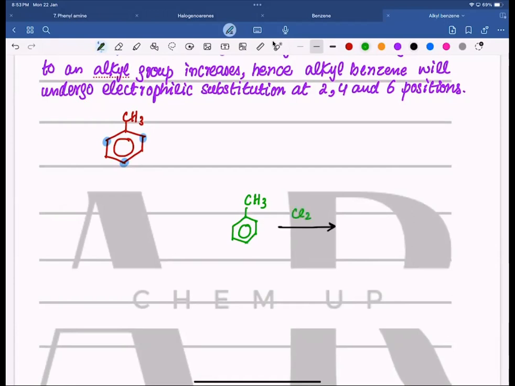If I react it with chlorine in the presence of anhydrous AlCl3, what will happen? I am going to get a mixture of the product: in some molecules chlorine gets substituted on the second carbon, and in some molecules it gets substituted on the 4th carbon. Is this clear to all of you?